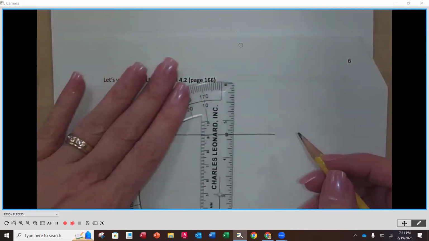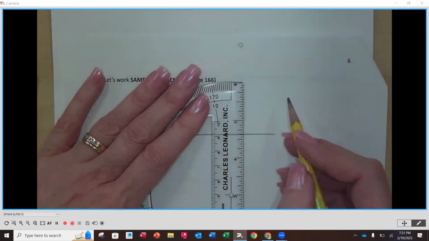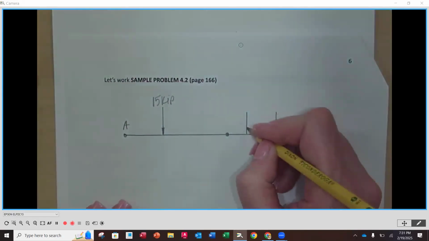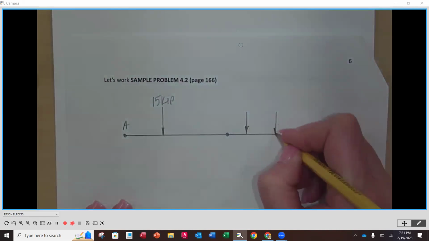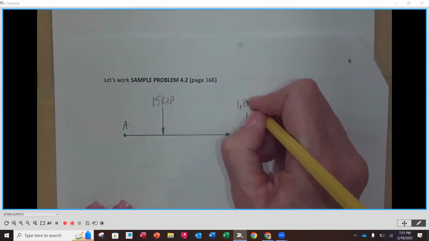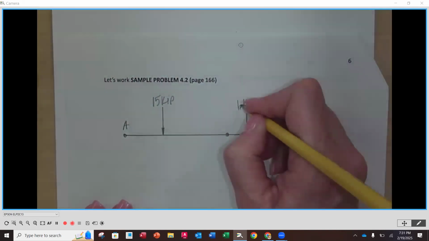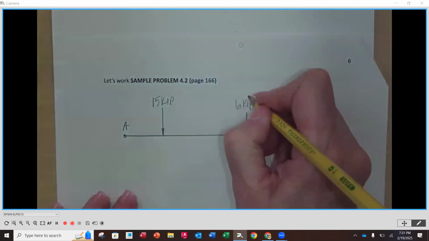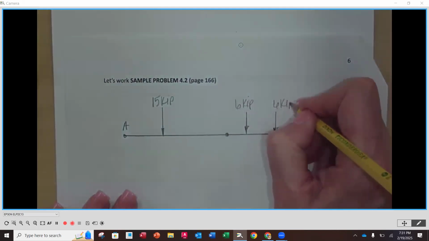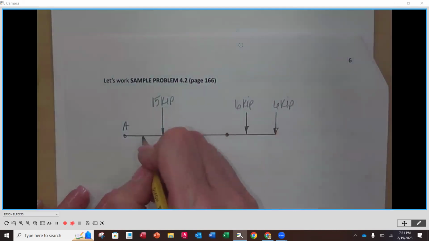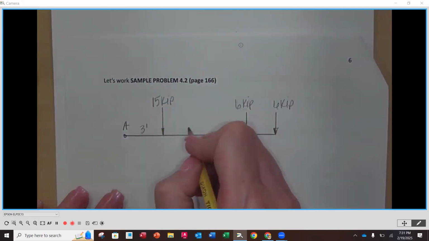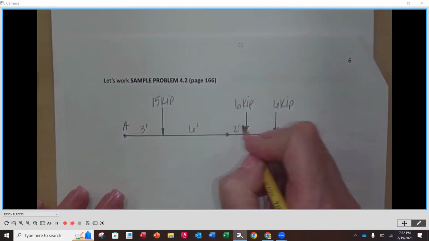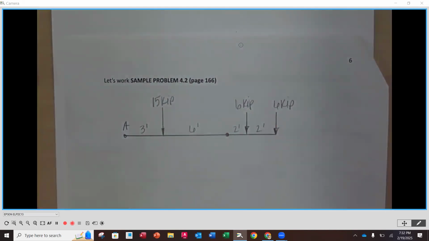And then we've got 6 kips and 6 kips. 3 feet, 6 feet, 2 feet, and 2 feet.